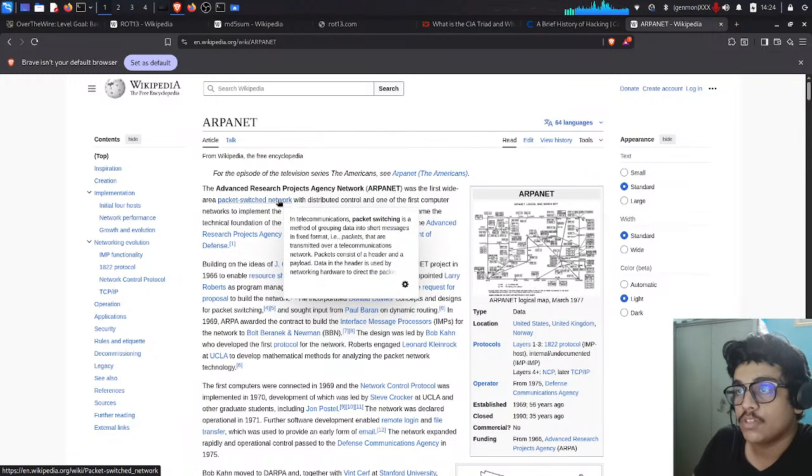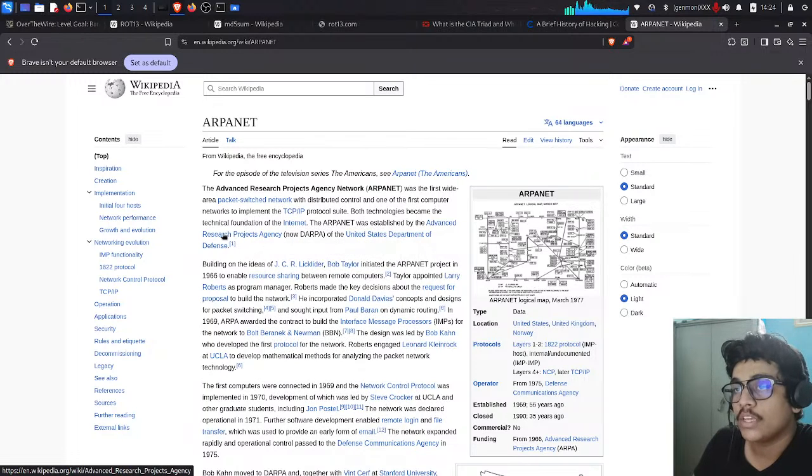What is a packet switched network? In telecommunication, packet switching is a method of grouping data into short messages in a fixed format, that is packets, that are transmitted over a telecommunication network. So they built a way of communicating in short form, with distributed control, and it was one of the first computer networks to implement the TCP/IP protocol suite.